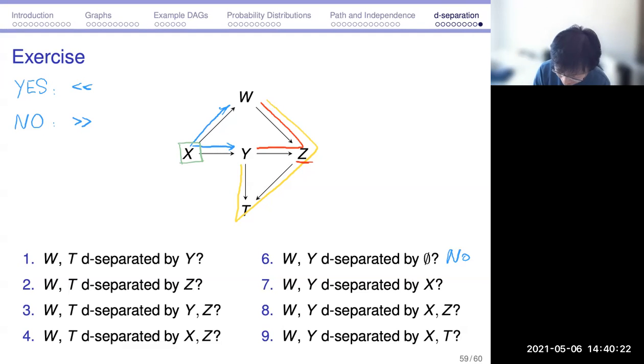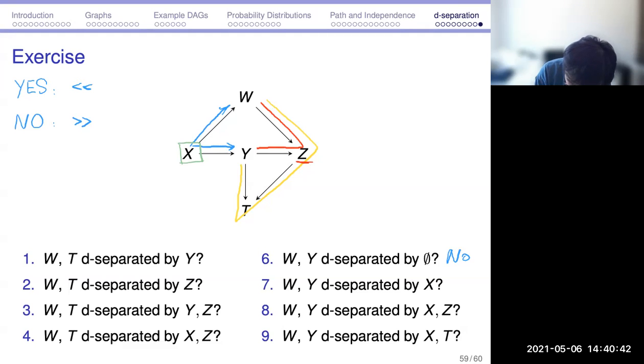When Z is not included in the conditional set, this red path is blocked. Remember, a collider has the reverse conditional independence result from the other paths.